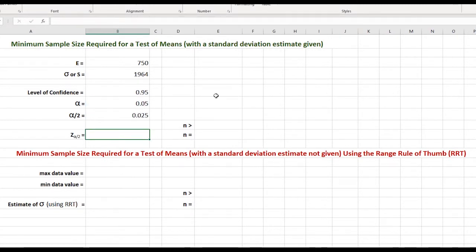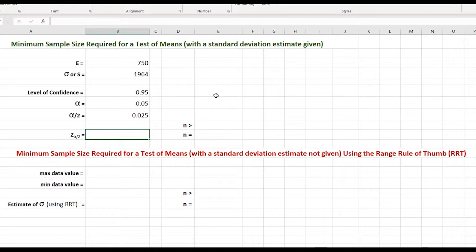And now z sub alpha over 2. Remember, the z function actually sometimes gives me the negative value. One thing to note is that when we go to the next part of this unit, the third video for this unit, we're going to do something called hypothesis testing, and we actually are sometimes going to use a negative value for z sub alpha, sometimes the positive value, and sometimes, well, basically both values.